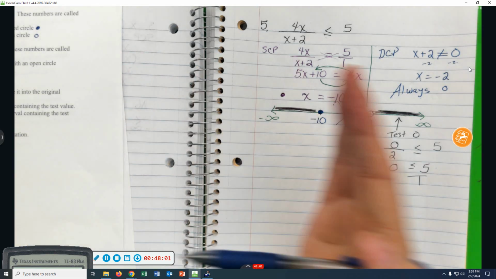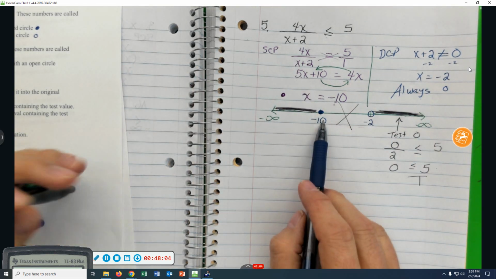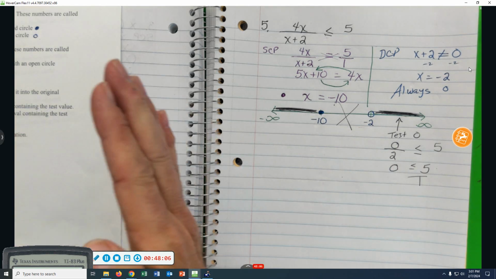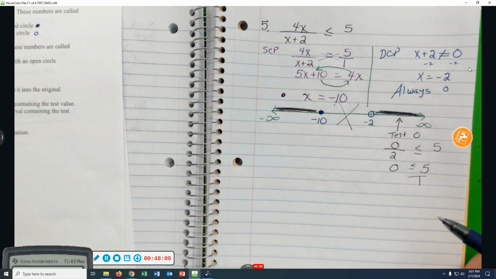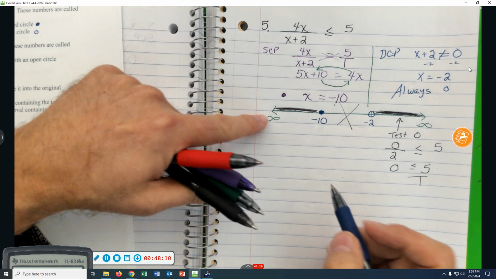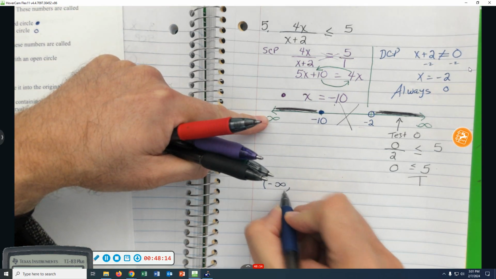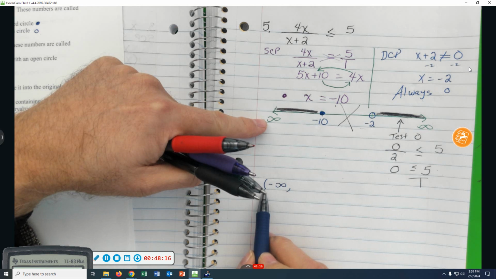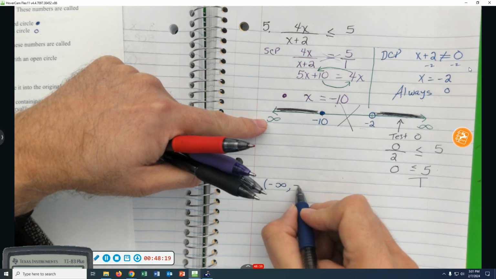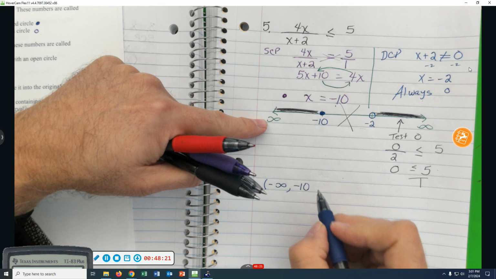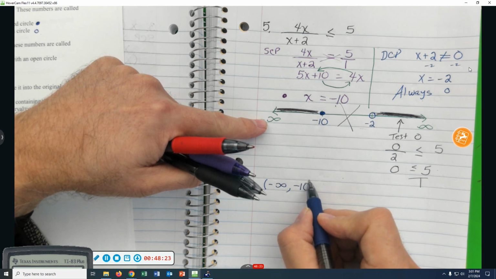So now, how would we write this answer in interval notation? Go from left to right. Don't start with the negative 10. Don't start with the negative 2. You're looking at the shaded intervals from left to right. Okay, so start off. Negative infinity. Notice how I put parentheses there. Comma. Negative 10. What am I going to put? Parentheses or bracket?